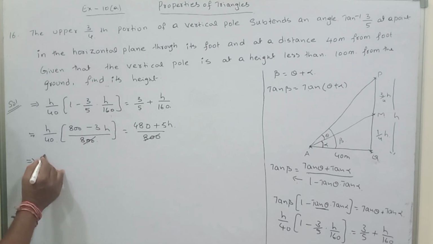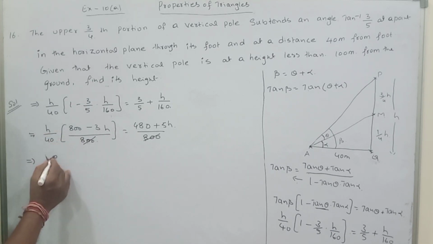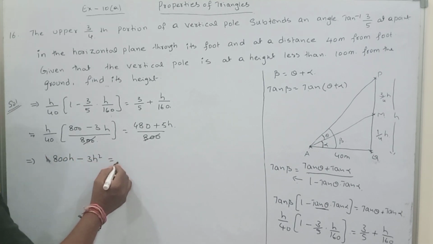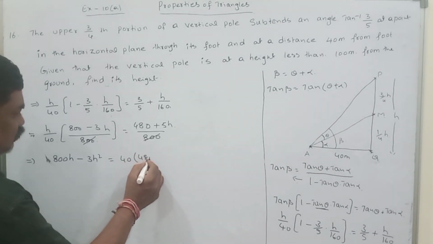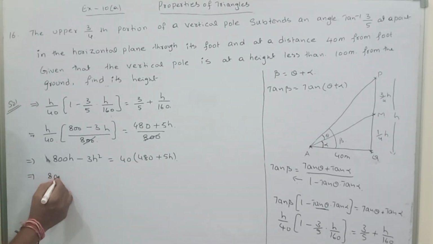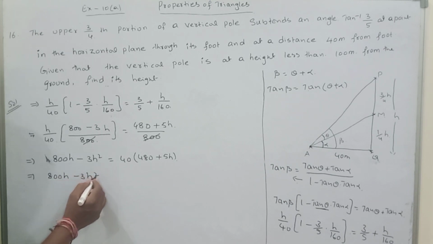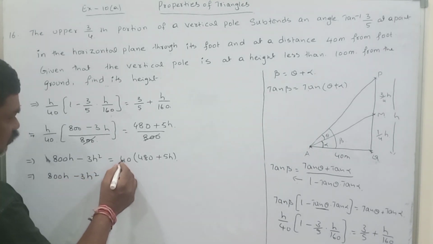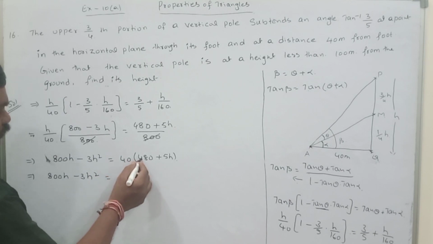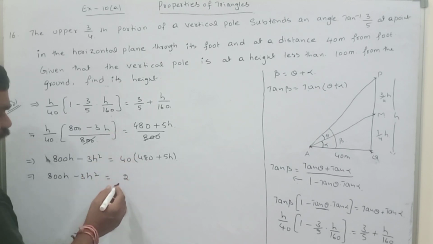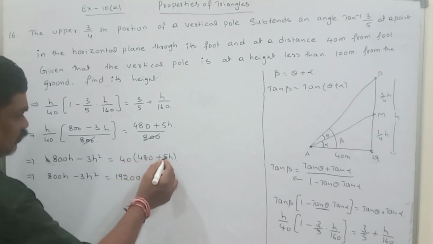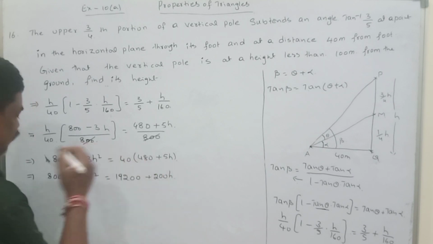By cross multiplication, this is 800H minus 3H square equal to 40 into (480 plus 5H), which gives 800H minus 3H square equal to 19200 plus 200H.